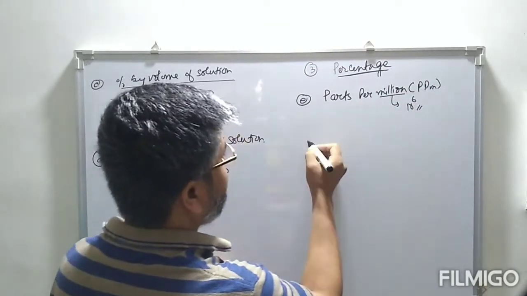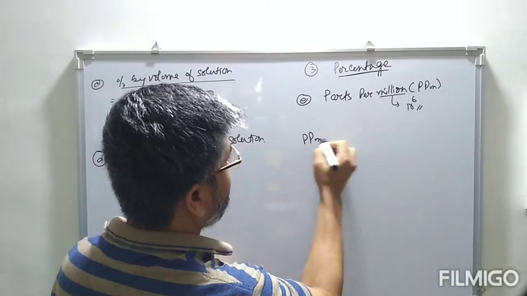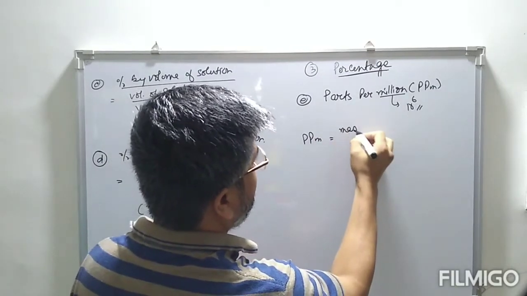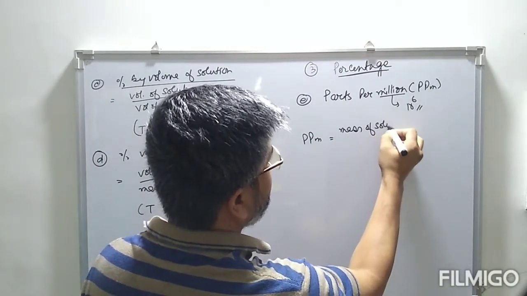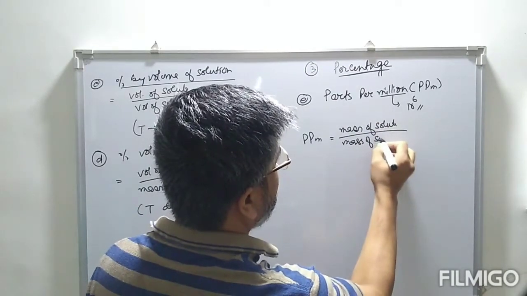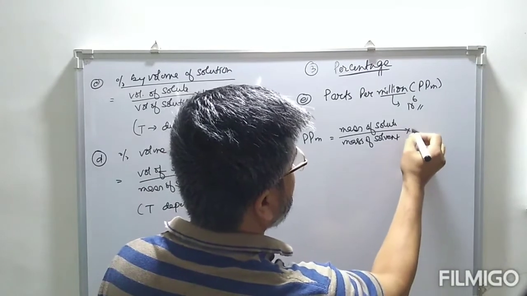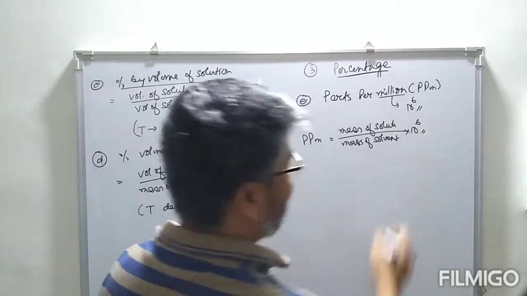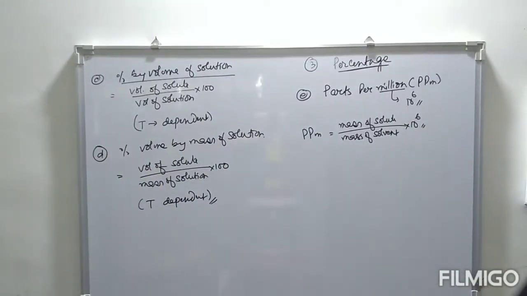So normally this ppm is defined as mass of solute divided by mass of solvent into 10 to the power 6. This is defined as parts per million.